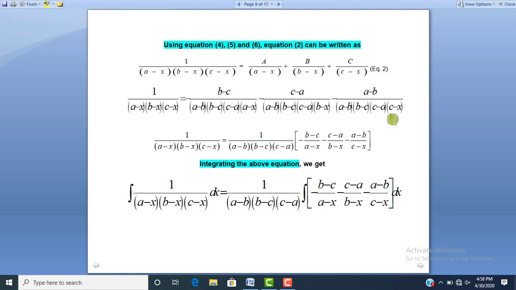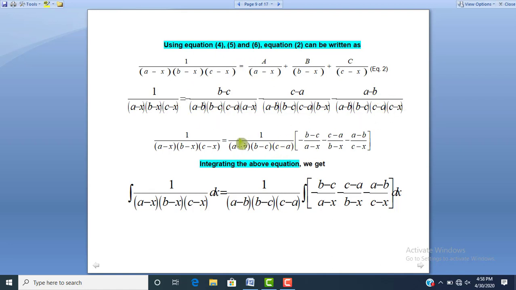Dear students, if you see the right hand side of this equation, can you tell me what terms can be taken as common? Yes, the common term here is 1 over (A minus B)(B minus C)(C minus A).